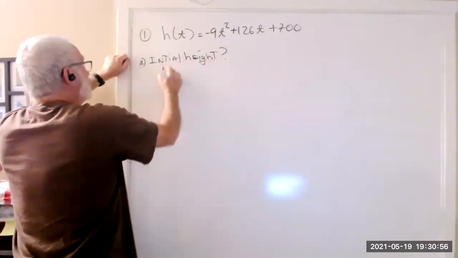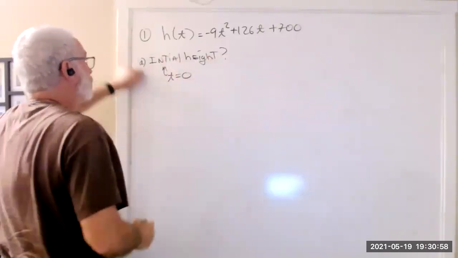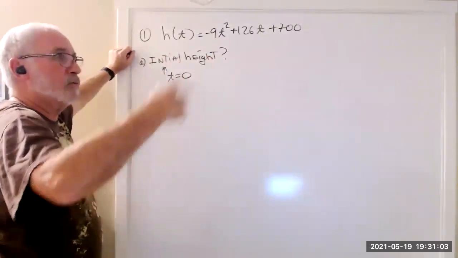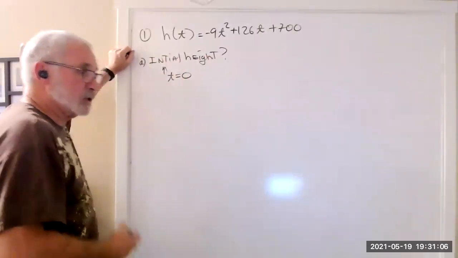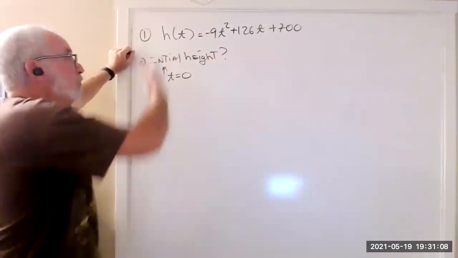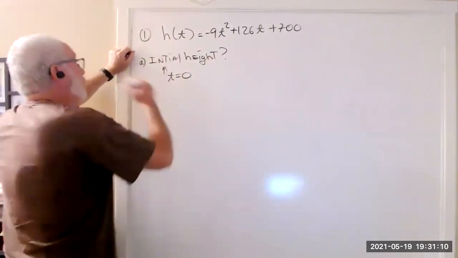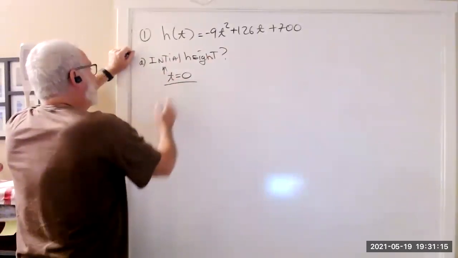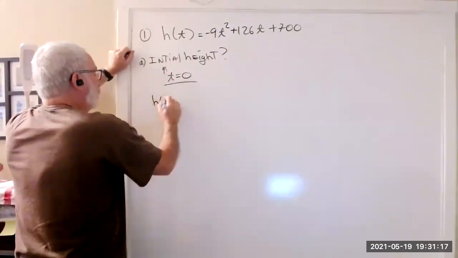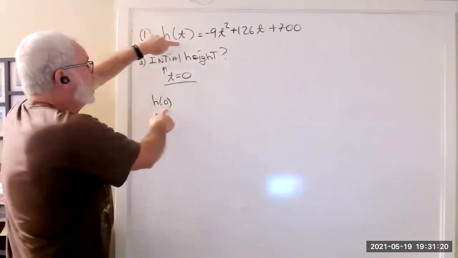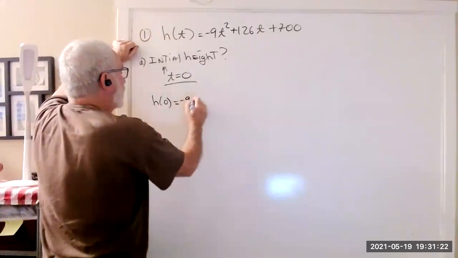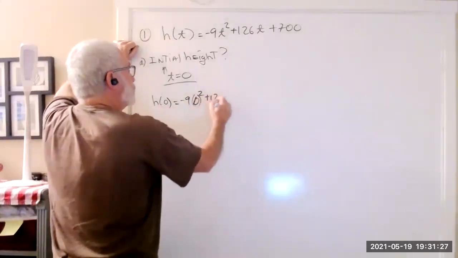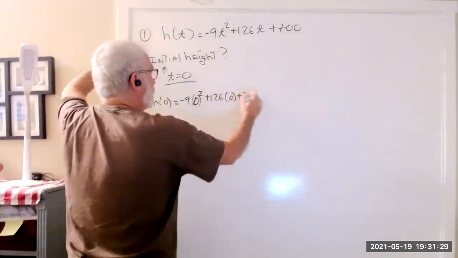Okay, initial means when time is 0. Initial means at the beginning of whatever you're doing, at the beginning of the experiment, at the beginning of when the rocket is launched. So this is technically time equals 0. So you go h of 0, the height when time is 0, is negative 9 times 0 squared, plus 126 times 0 plus 700.